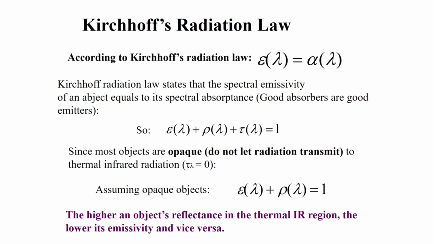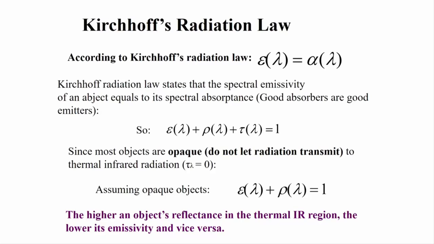The relation says that good reflectors are poor absorbers, and finally poor reflectors. Sorry, not reflectors, poor emitters. Good reflectors are poor emitters, and good absorbers are poor reflectors.